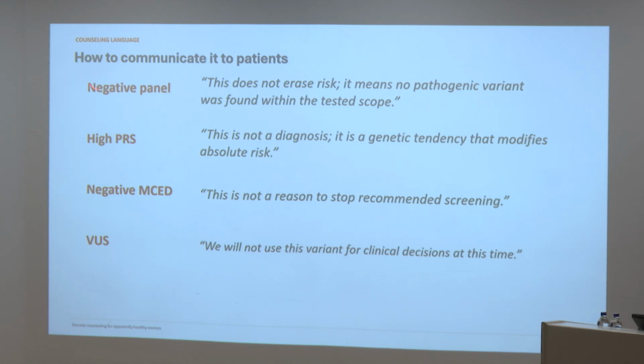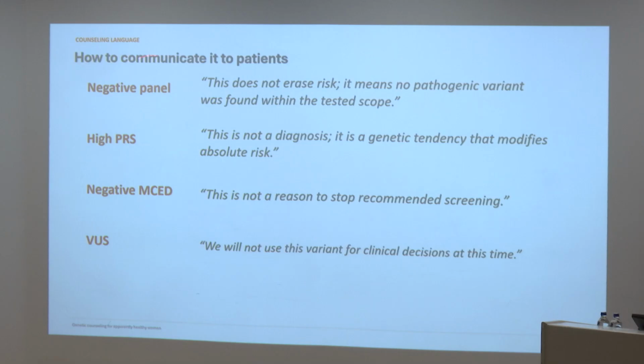The counseling language is of course important. The genetic counseling shouldn't be only a genetic counselor's or a medical geneticist's job. A clinician should know how to talk, and sometimes counseling about cancer is like a psychotherapy session, of course.